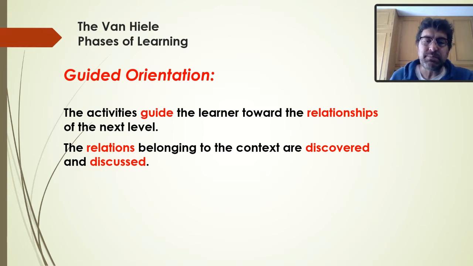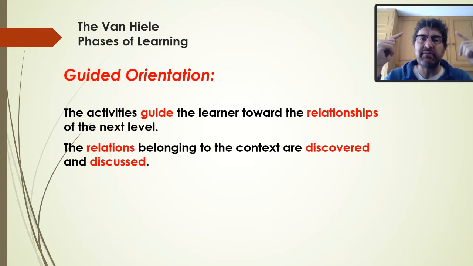The relations belonging to the context are discovered and discussed by the learners. Now that would mean at the information level, the teacher has gathered information about what it is that the kids know.